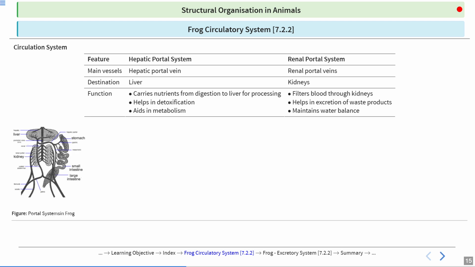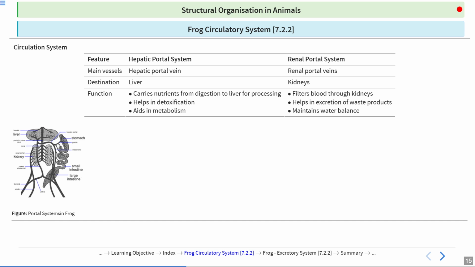Now, what is the function of this hepatic portal system? Let us understand that. It carries nutrients from the digestion to the liver for processing. There is a requirement of processing. Whatever nutrients have been absorbed in the digestive system are taken to the liver.